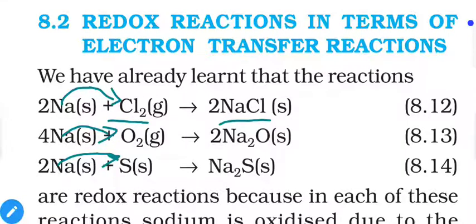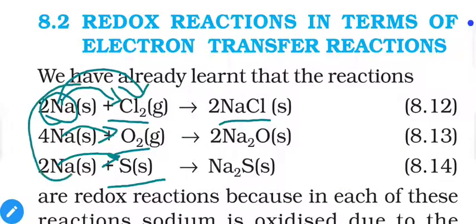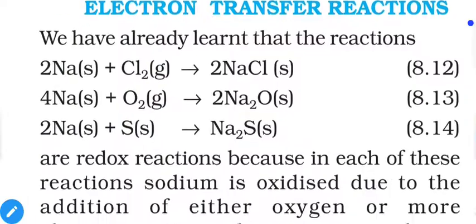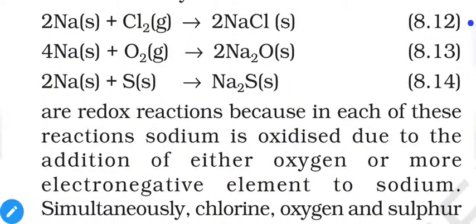That means we are adding chlorine into the sodium and sodium into the chlorine. So we are adding electropositive elements into chlorine, oxygen and sulfur, so they are being reduced. In all of these three cases, sodium is being oxidized and chlorine, oxygen and sulfur are being reduced. That's why this is a redox reaction.